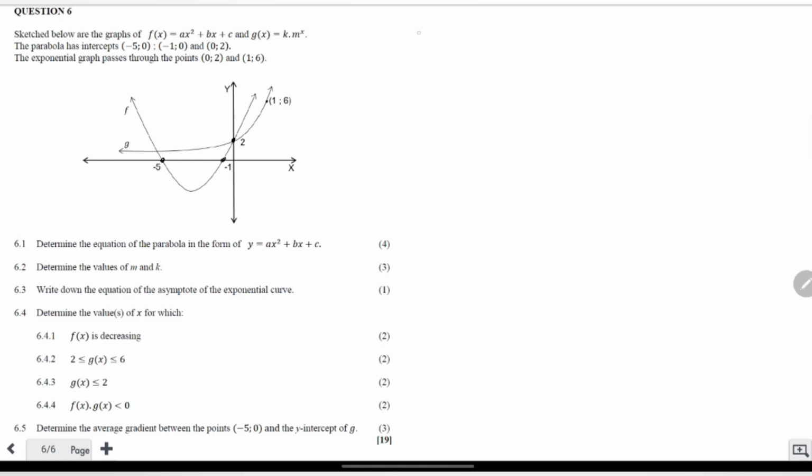Normally the exponential graph equation is like this: g of x is equal to k times m to the power x, I'm just using it like that, then plus q. Here y is equal to q is the asymptote.